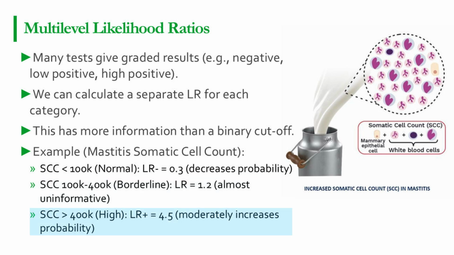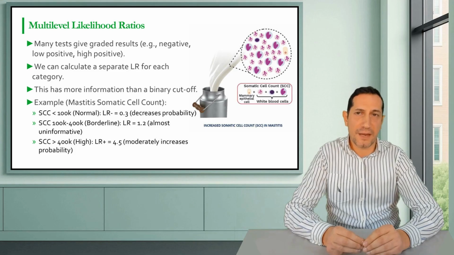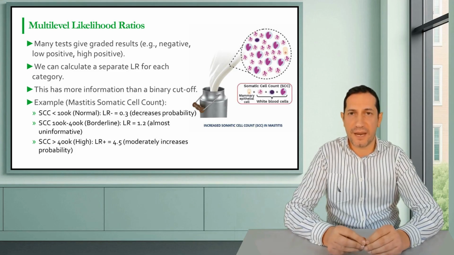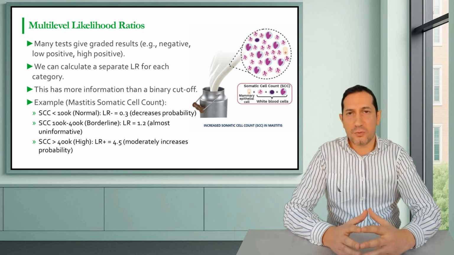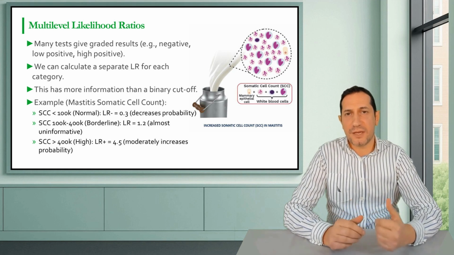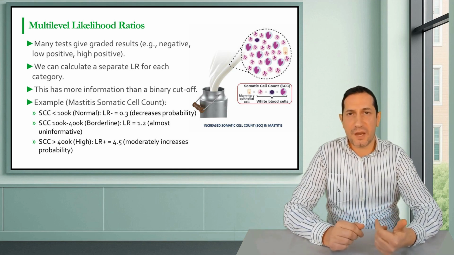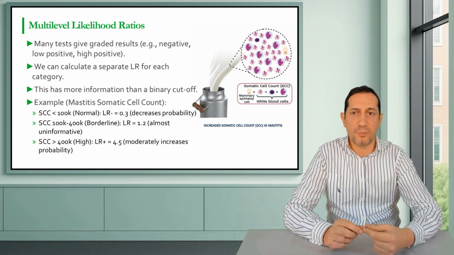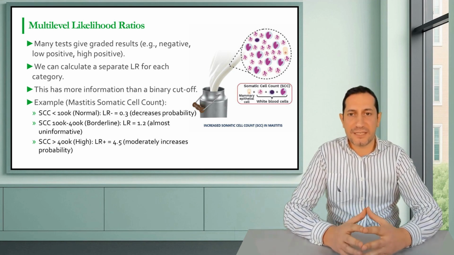But a very high cell count gives a positive likelihood ratio of 4.5, which substantially increases our post-test probability. By using these multi-level likelihood ratios, we are squeezing every last drop of diagnostic information out of the test result, far more than we would with a simple positive negative classification.